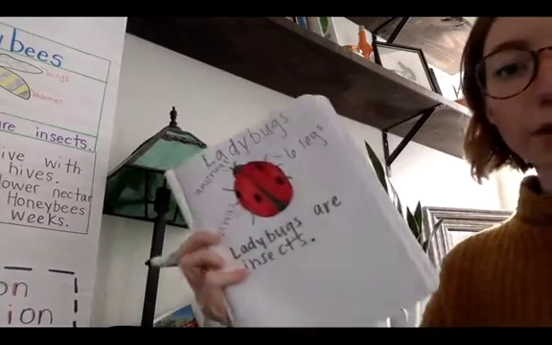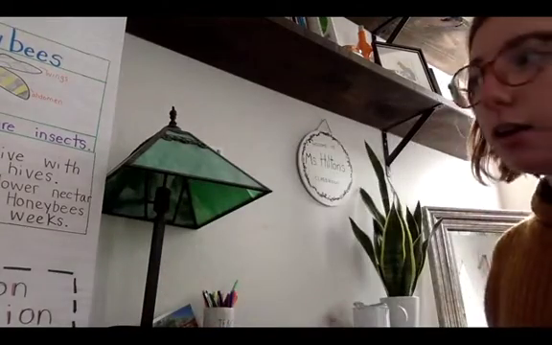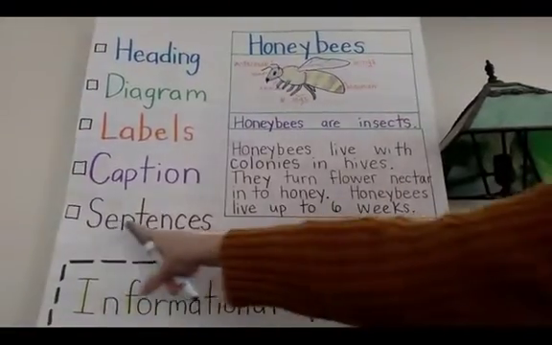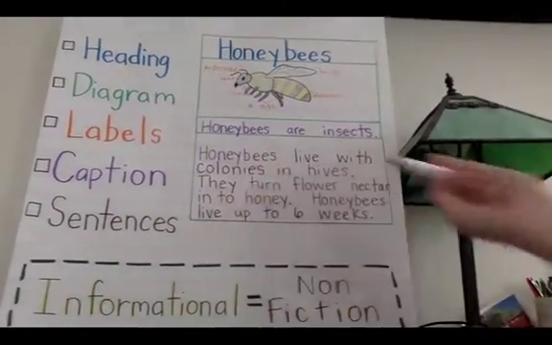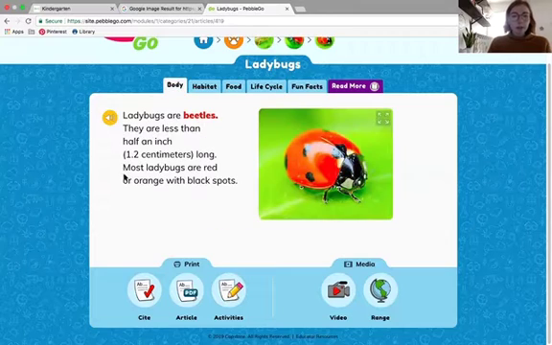There is my short sentence, my caption, about ladybugs. The last thing I have to do is write 3 sentences with the things I learned about ladybugs. So let's go back to Pebble Go and see what I learned about ladybugs.